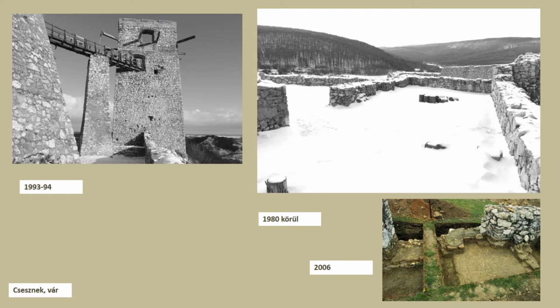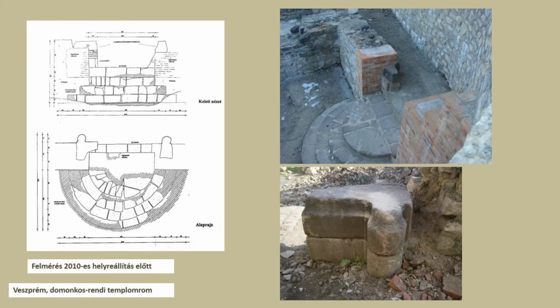This is the western gate, the western entrance of a cloister. The gate reconstruction was put together out of 3 different pieces.